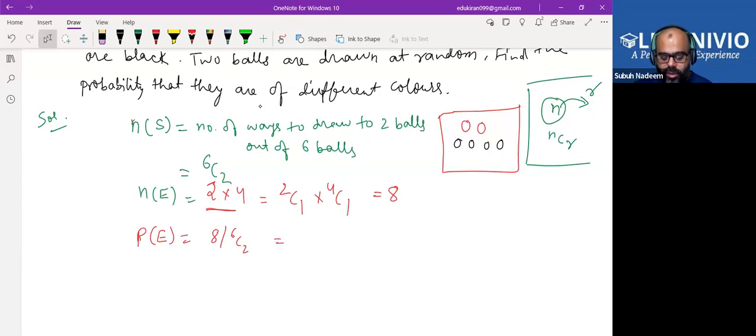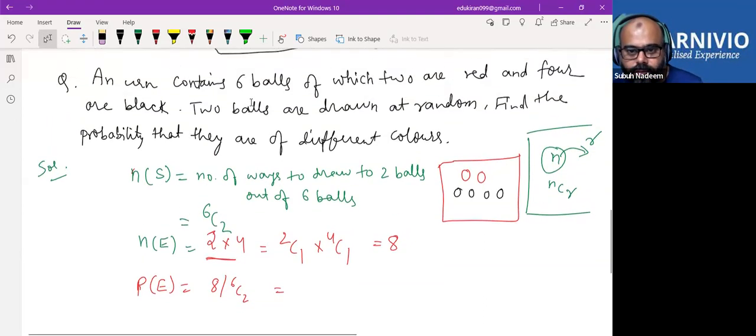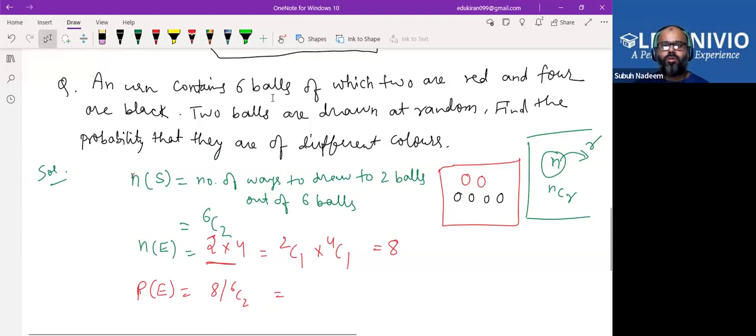So can you calculate this 8 by 6C2? Okay, sir. Write all of this.